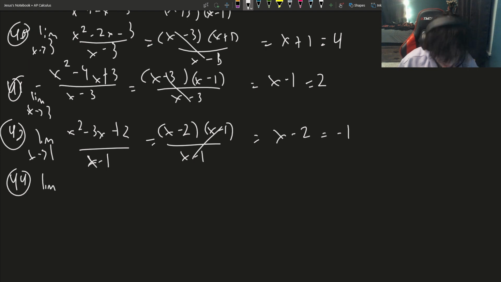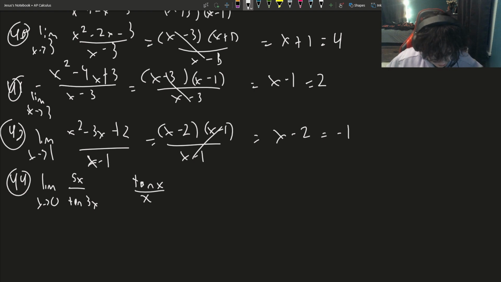Okay, the limit as x approaches 0 of sine of 5x over sine of 3x. Okay, so we know the identity that we want is sine of x over x, I'm pretty sure, that we just want to get 1.